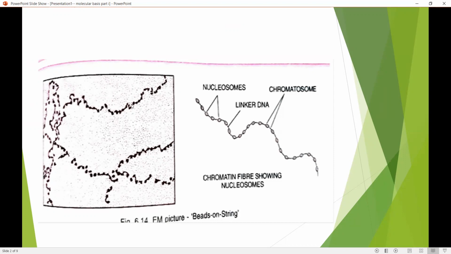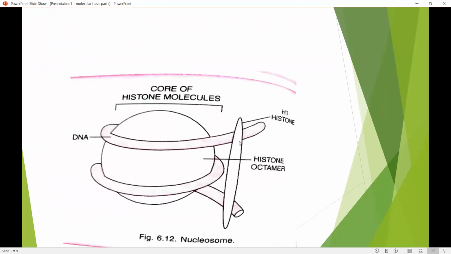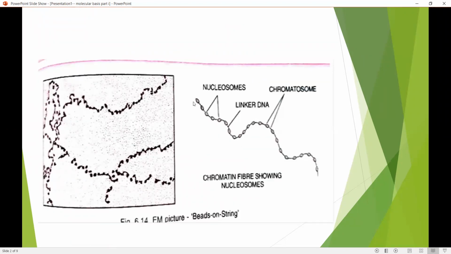And if we see under high magnification of the electron microscope, each chromatin reticulum consists of a long beaded chain-like structure. This beaded chain-like structure is always linked by linker DNA, and these beads are called nucleosomes.